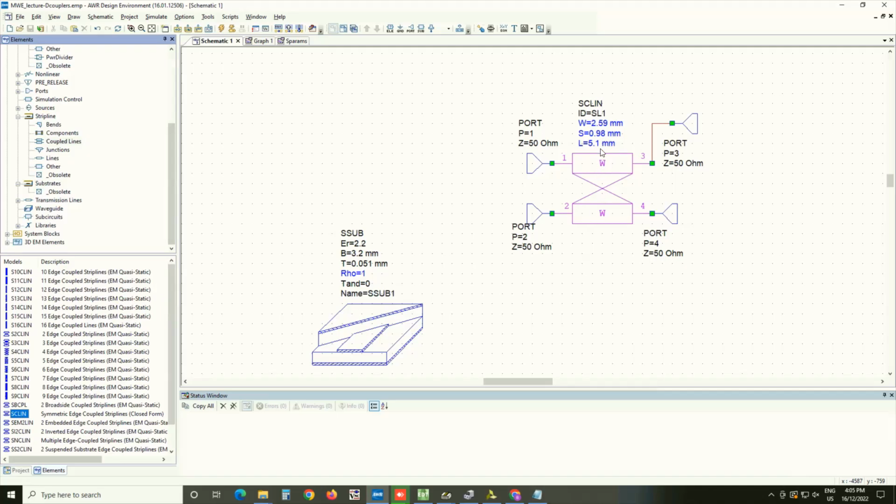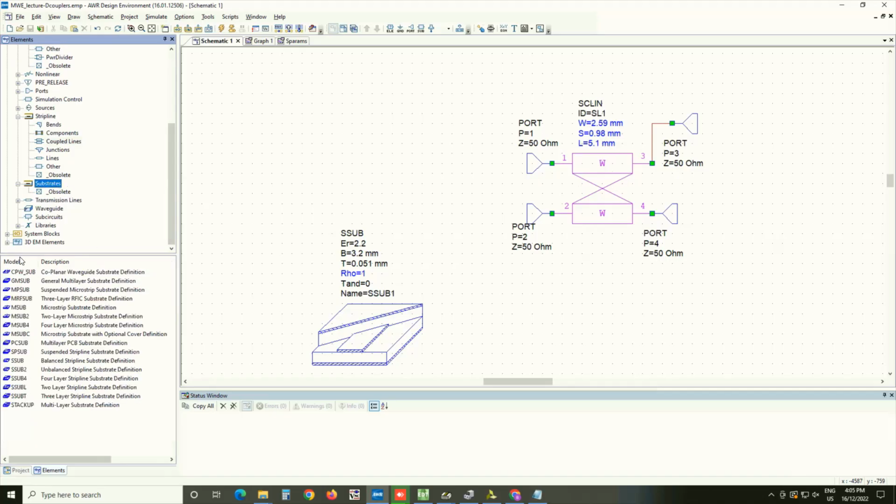This is a pre-solved model which allows you to specify dimensions, so width, gap, and the length. And associated with all of these pre-solved models, there has to be a corresponding substrate definition. Okay, that substrate definition again comes here under substrates, and the one I've used is SSUB, which is the balanced strip line substrate definition. So that is what is here.